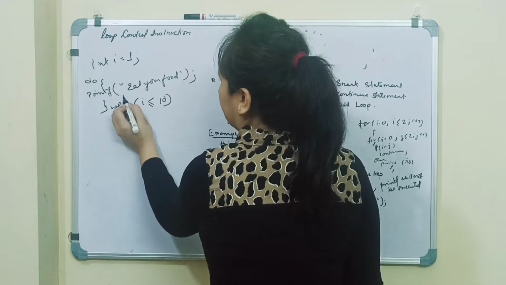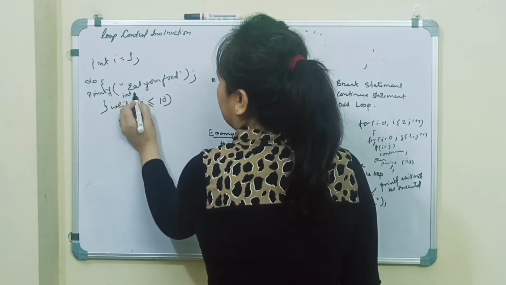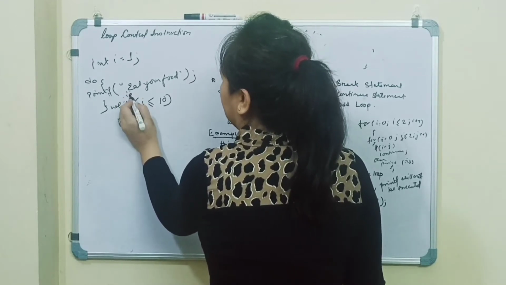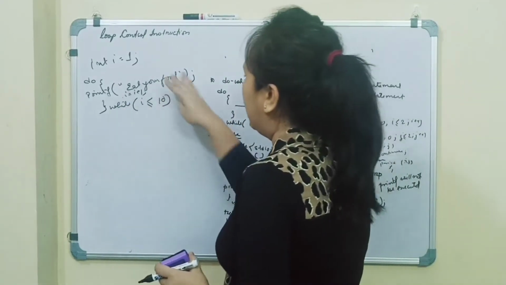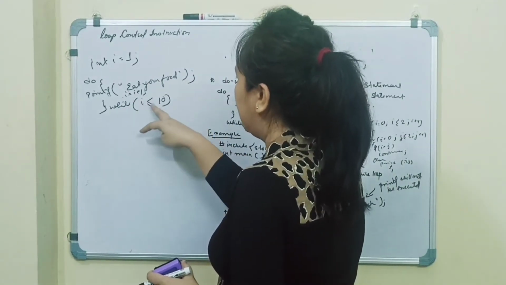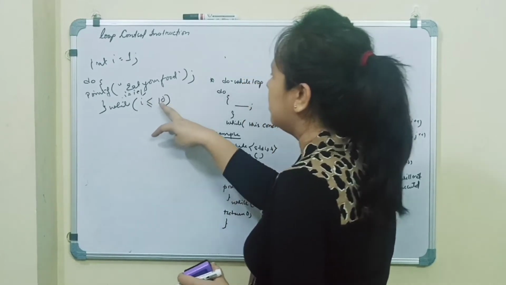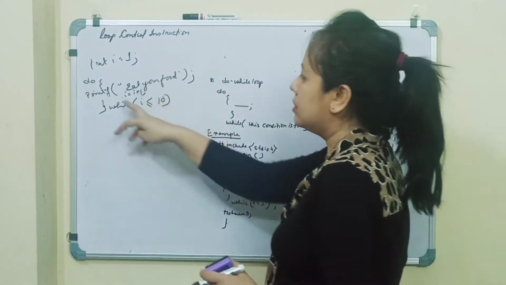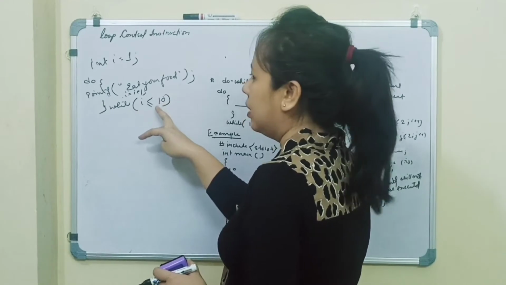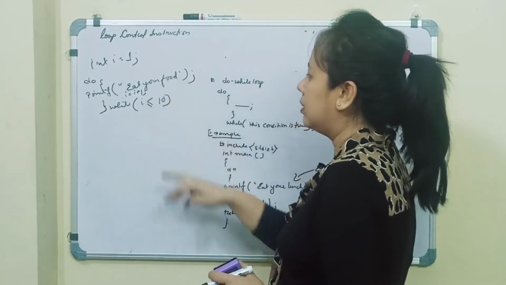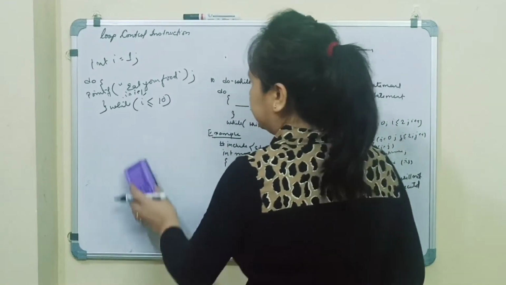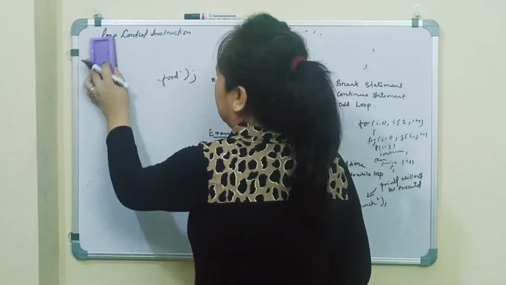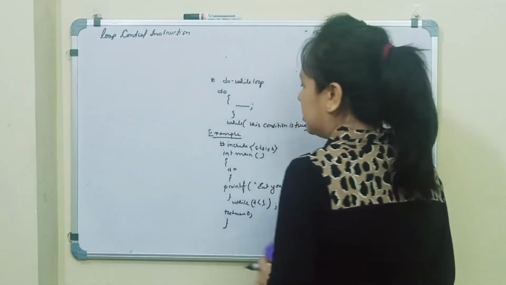Then i plus plus, here we will increment the value of i, i equal to i plus 1. So until and unless the value of i is less than or equal to 10, this will be printed. As soon as the value of i exceeds 10, this loop will break.